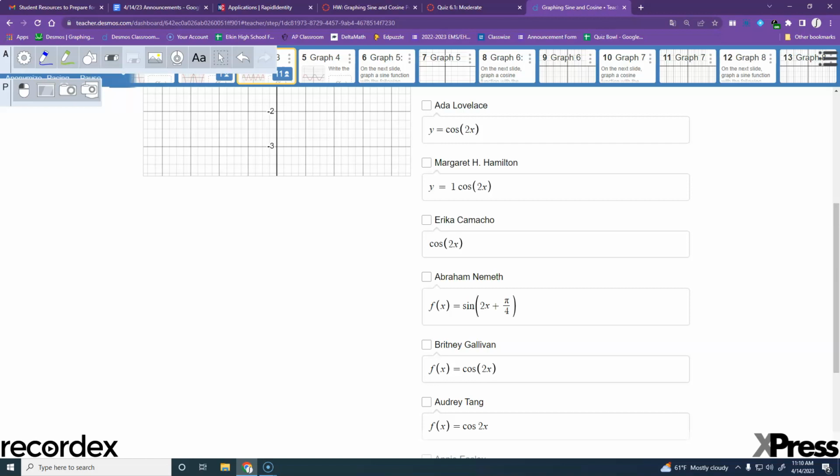So for Abraham's, his period would be 2 pi divided by that b value, which is the 2 in front. So that would give me pi. So the period is correct for this one.